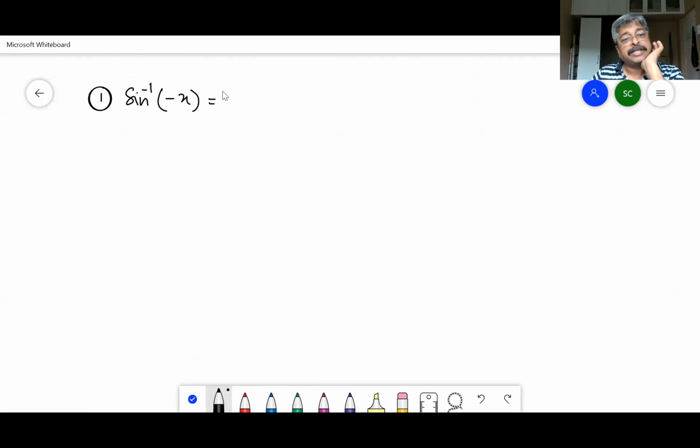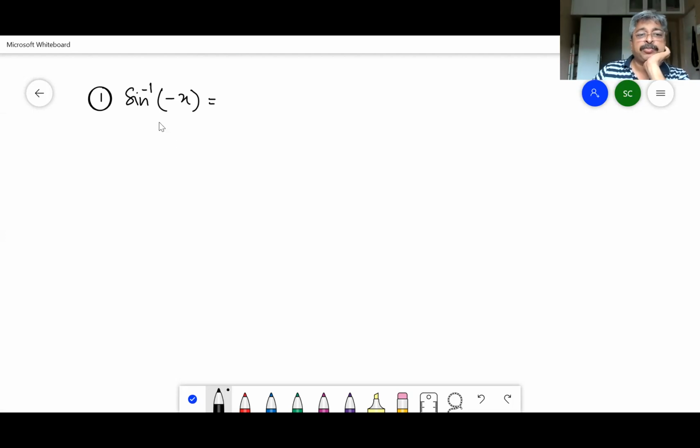So if sine inverse x is equal to t, then minus x is sine t. Sine of the angle t is minus x. Okay. So these questions can be answered in two different ways. One geometrically, another algebraically. We will do all these activities in both ways every time.